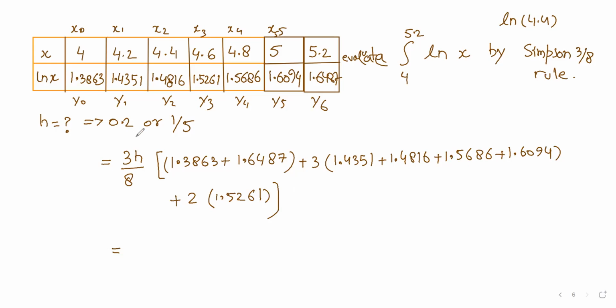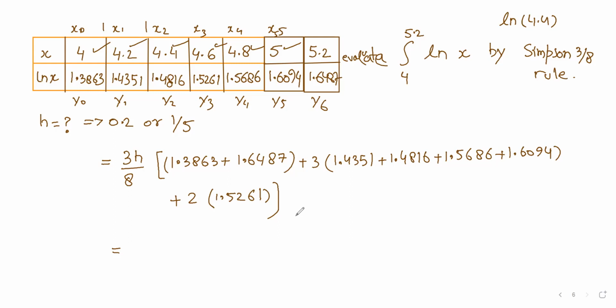And then the calculation. n should be equal to 7. Why is it 7? This is the correct question.